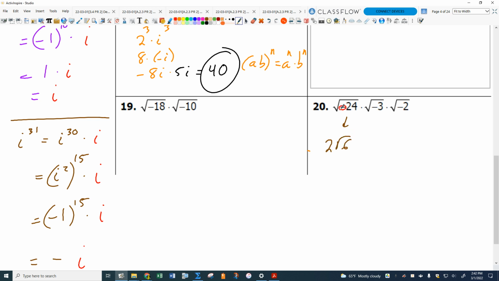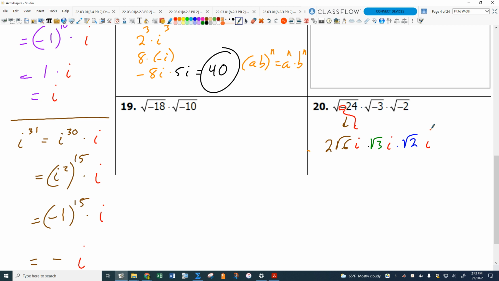The negative inside the radical becomes I. Okay, times square root of negative 3. Well, square root of 3 can't be reduced, so that's just going to be square root of 3 times I. And then square root of negative 2 is just square root of 2 times I, right?